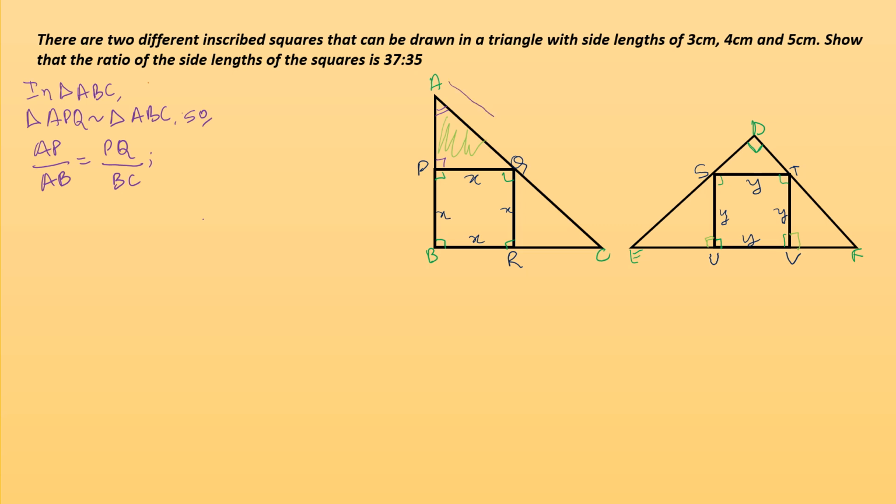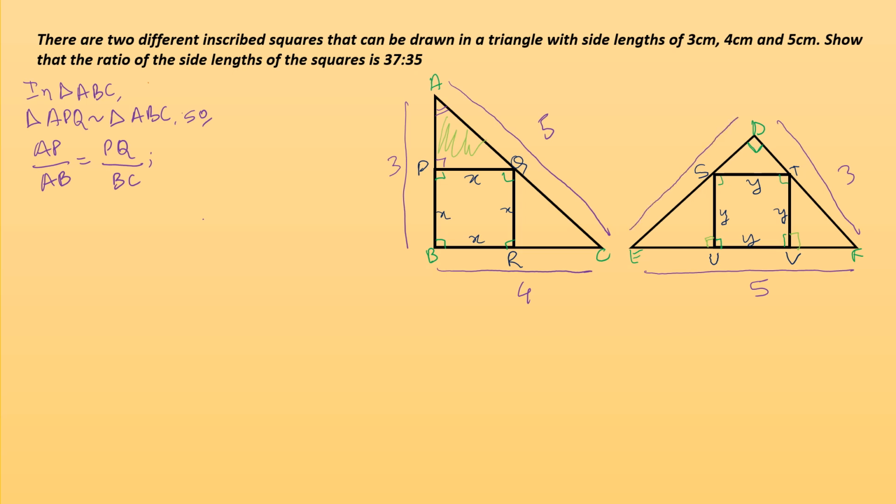Obviously the hypotenuse is 5 in both triangles. This diagram is not drawn to scale, so you can take any one of them as 3 and 4. So I will say this is 3 and this is 4, and here this is 3 and this is 4. Whichever way you take, the method will get the correct values for x and y.